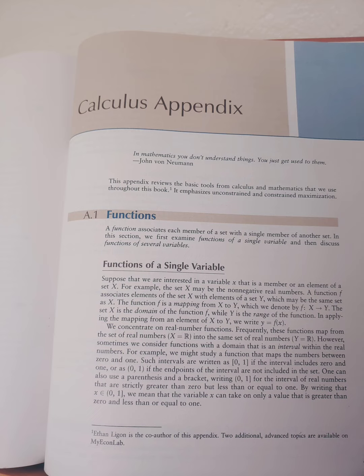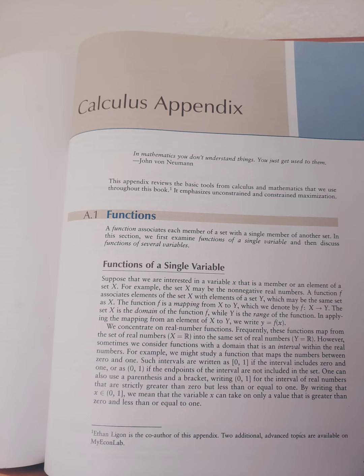First bullet point, identity function, f of x equals x for all x, an element of capital X. Second bullet point, zero function, f of x equals 0 for all x, element of capital X. Third bullet point, square root function, f of x equals the square root of x for all x greater than or equal to 0.